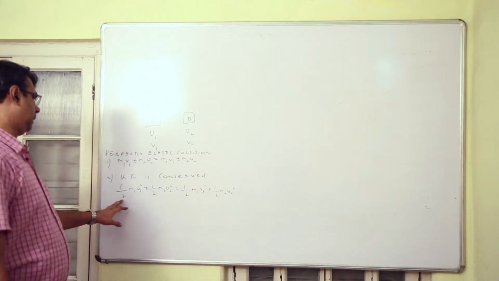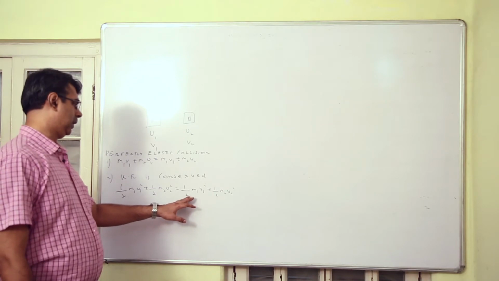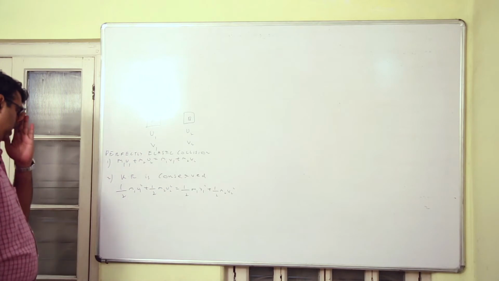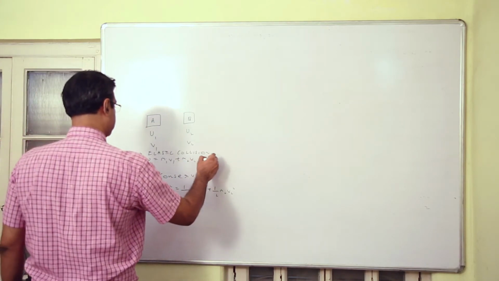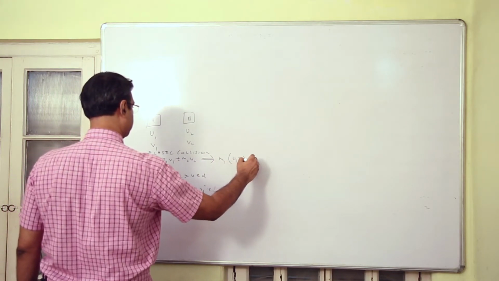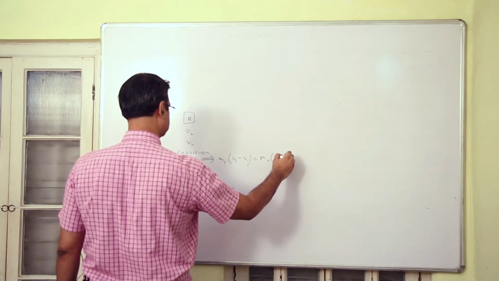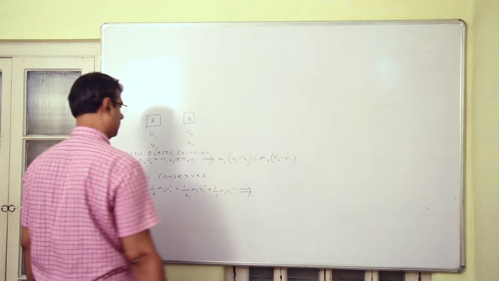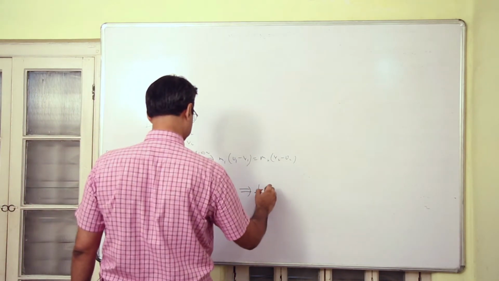So initial kinetic energy half m1 u1 square plus half m2 u2 square is equal to final kinetic energy half m1 v1 square plus half m2 v2 square. Kinetic energy is conserved. Now this conservation of momentum equation can be rewritten like this. And the conservation of kinetic energy equation can be rewritten like this.